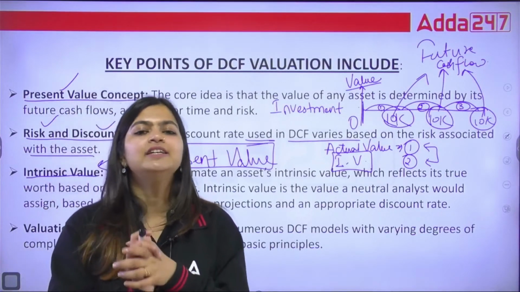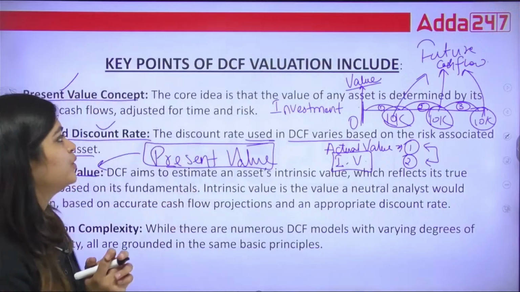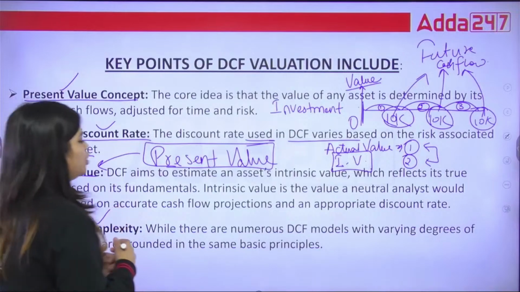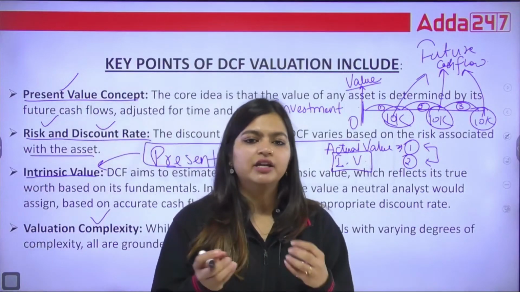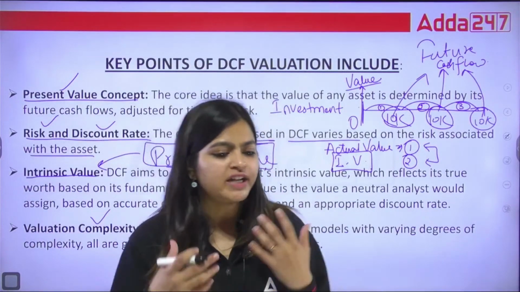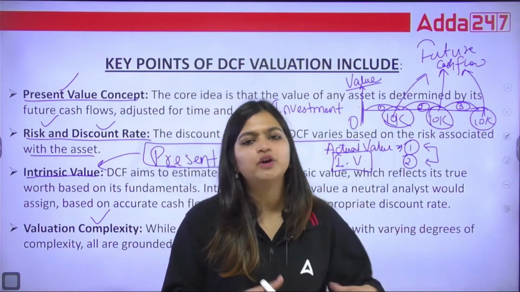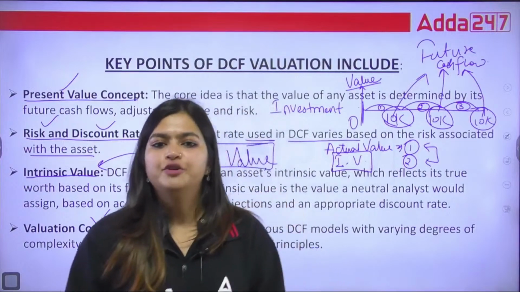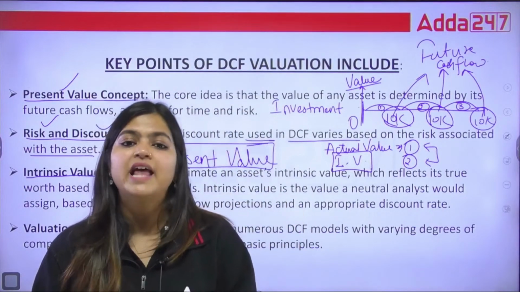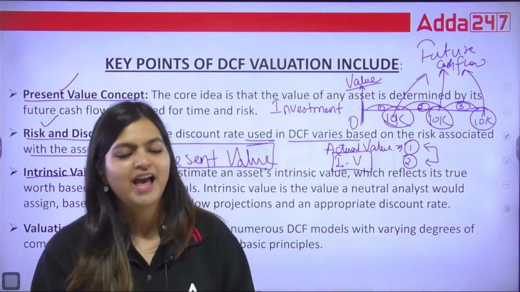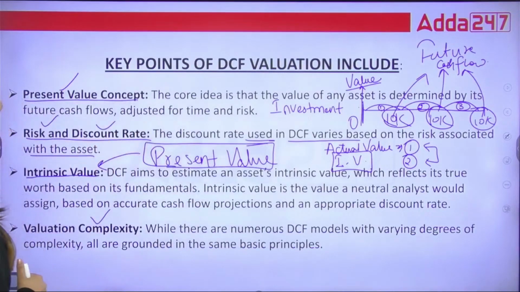Okay, so these things we use to calculate the DCF. And the last thing is valuation complexity. Under the DCF models we have different methods to calculate it. And in this unit we are going to see the different methods through which we can find out the present value and value any firm.